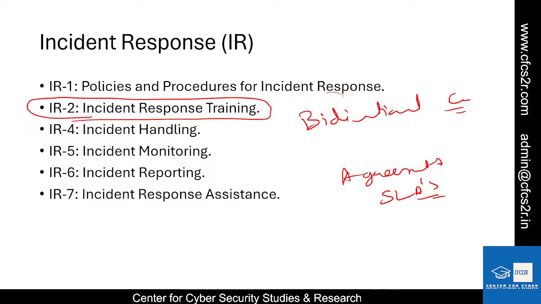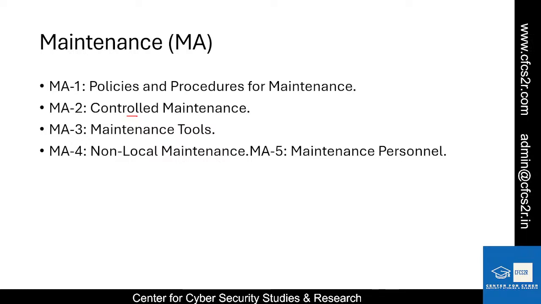Incident monitoring means that organizations should ensure that the agreements with the suppliers and vendors include a requirement to track and document incidents, response decisions, and activities. Then we have incident reporting, where supply chain risk management specific guidance provided in the control should be there. So these are the important points related to incident response. Then we have maintenance.